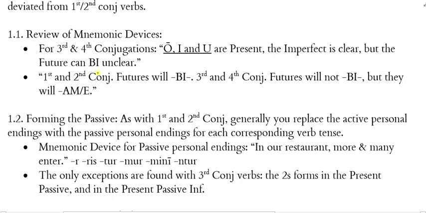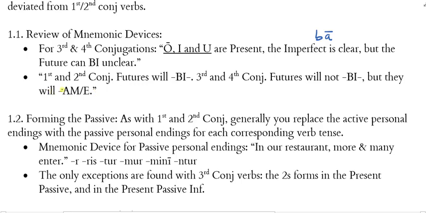This is to remind you that when you see the personal endings with an O, I, and U coming right before them, you're looking for present tense. The imperfect is clear because the typical tense sign or formative or tense morpheme is ba with the long A. But in the future, which is normally be, that form bo, bi, be, bu, is unclear when it comes to futures.